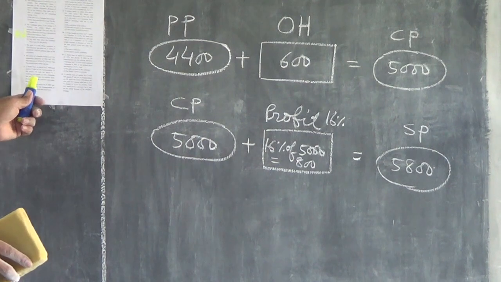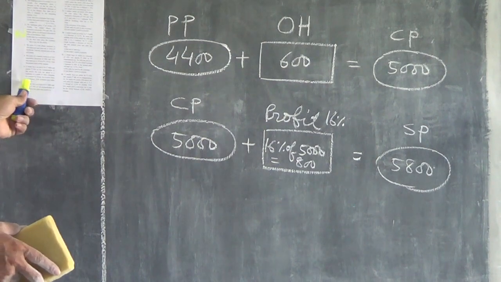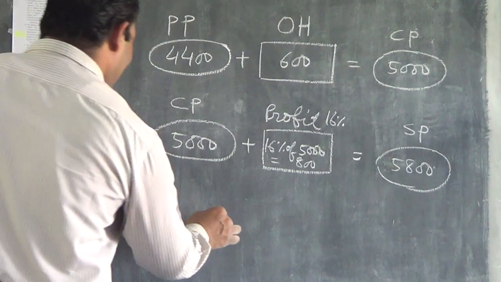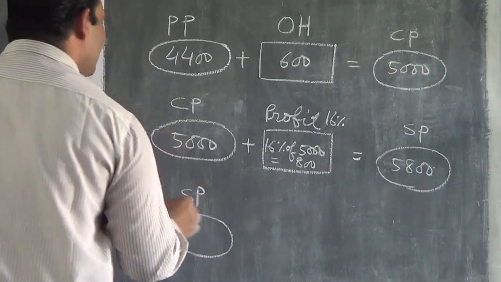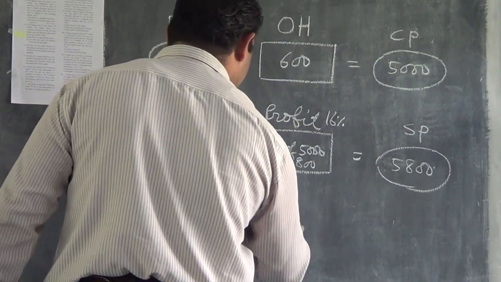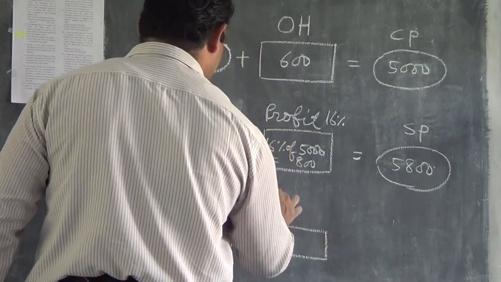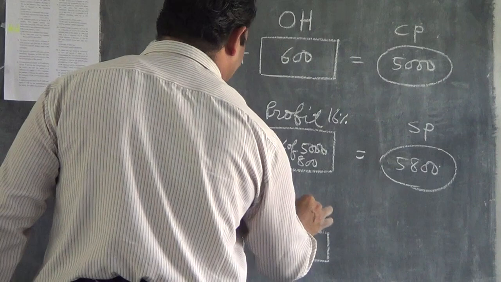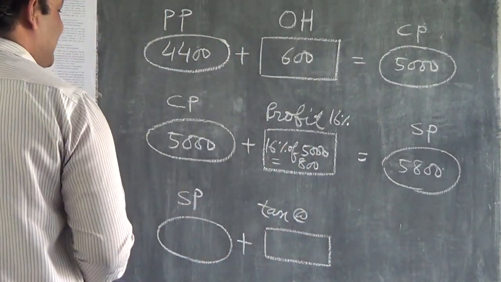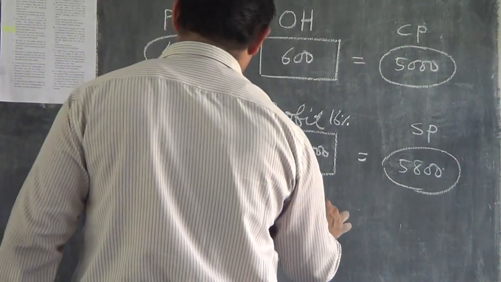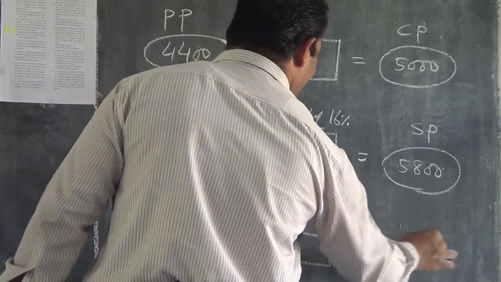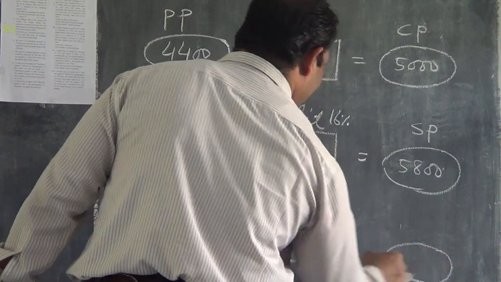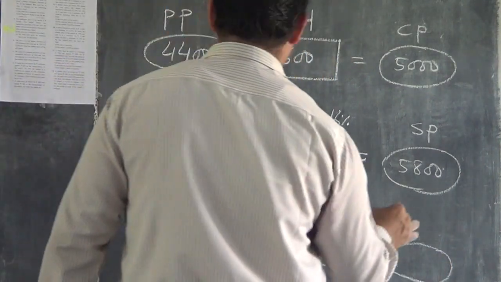And then on the selling price tax is calculated at 9%. So here selling price and here plus tax at how much? Tax at 9%, and that will give us the final price.